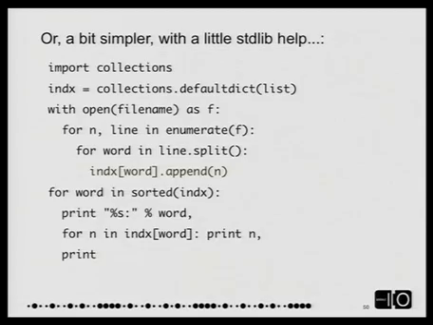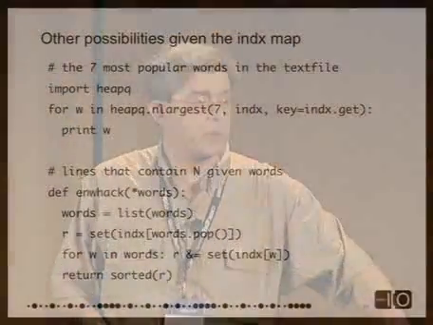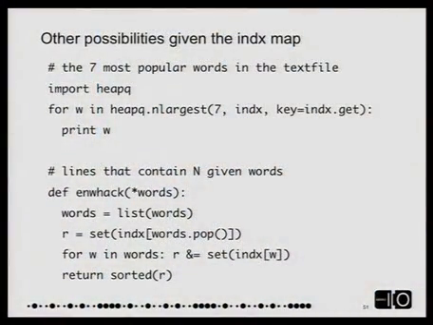Other things we could do that could be interesting, so once we have this index, what about giving the 7 most popular words in the text file? What are the 7 words that appear on most lines in this file? Well, for this purpose, we want to use heapq. It's a typical priority heap operation if you're familiar with your algorithms.